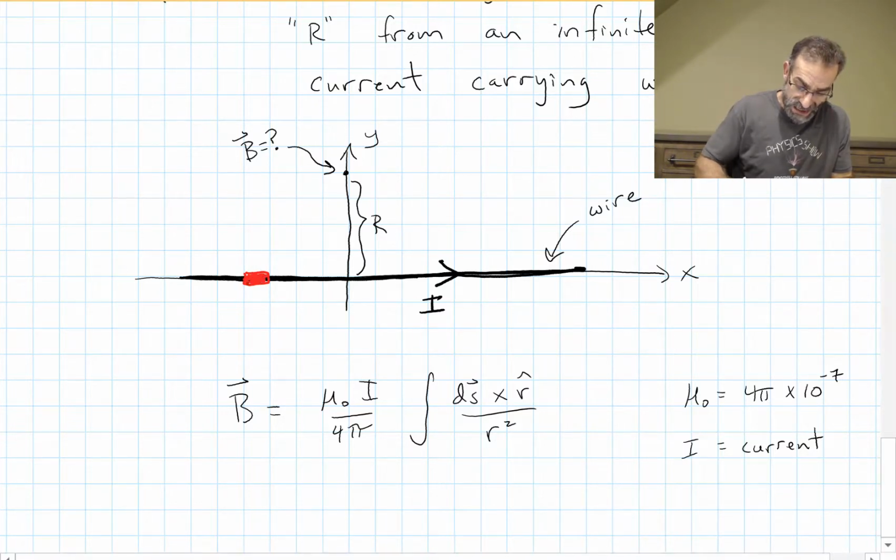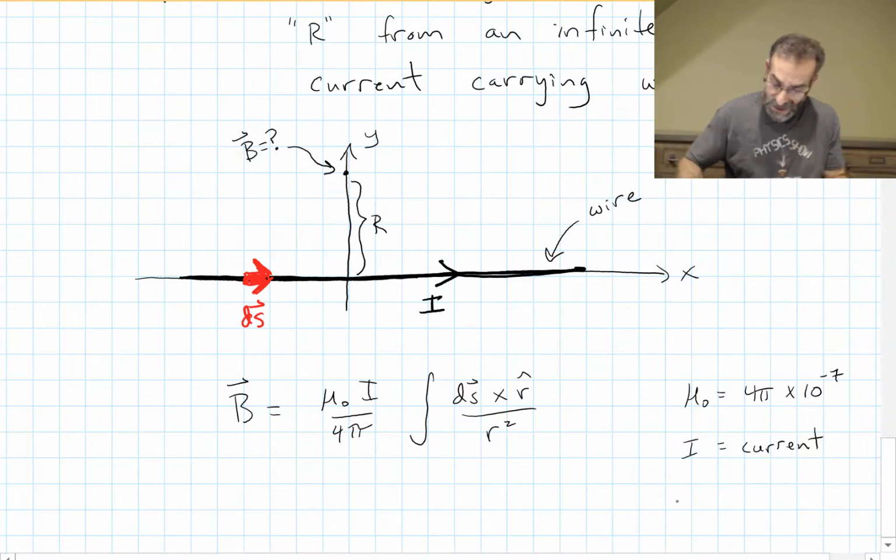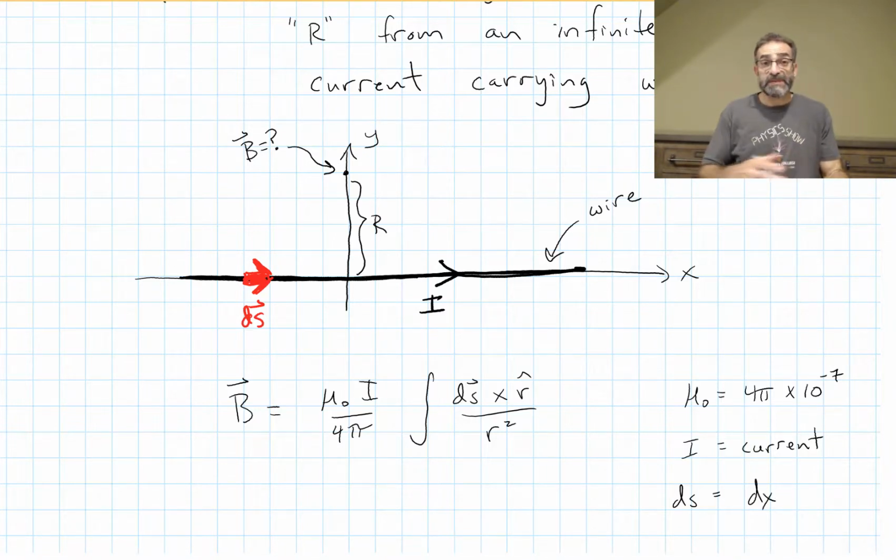And that's our ds. And it points in the direction of the current. So ds, in our case here, is just dx because we're along the x-axis. It's some little tiny amount of the line that makes up the current path. And it points in the direction of the current.